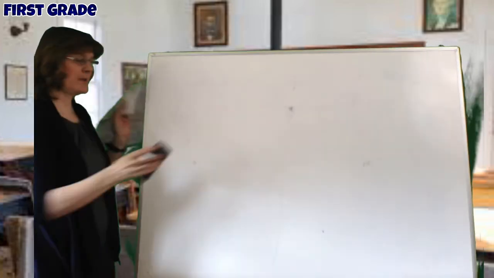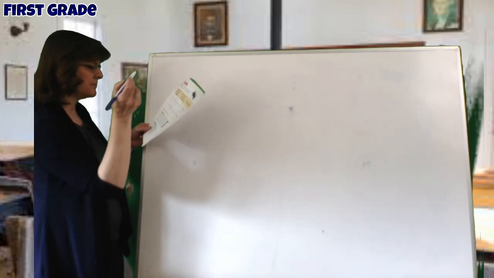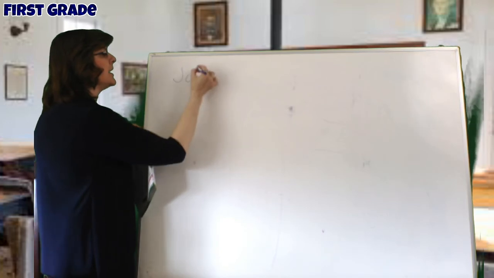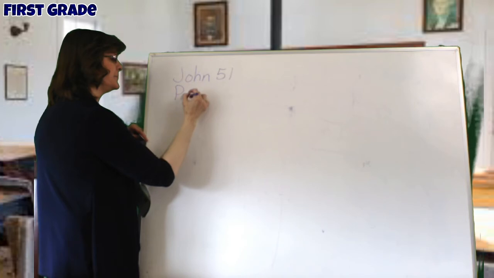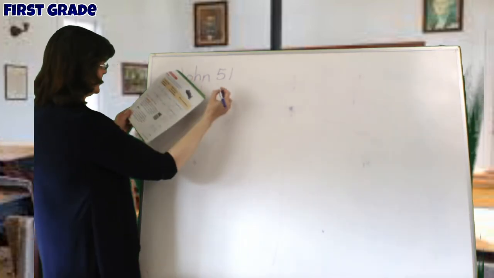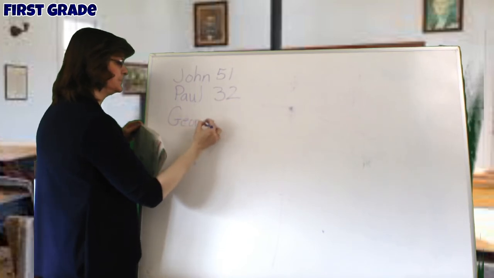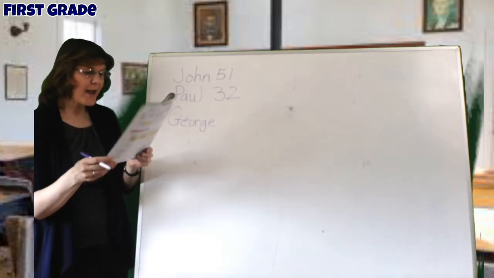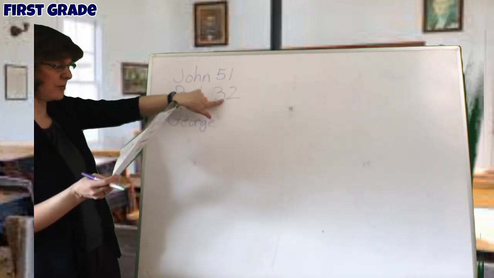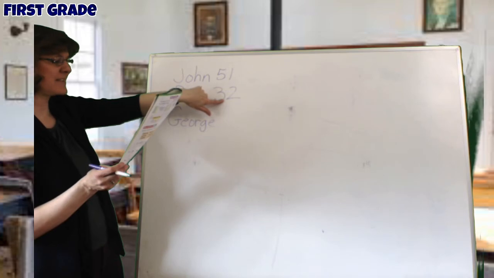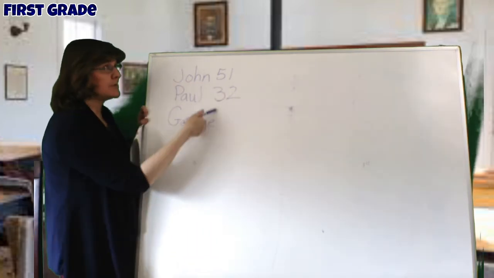The story problem number 7 says, John has 51 cards and Paul has 32. Now we need to pick for George. George has a number of cards greater than Paul, so it's going to be a number bigger than 32, but less than John. So we can pick any number from 32 to 51.